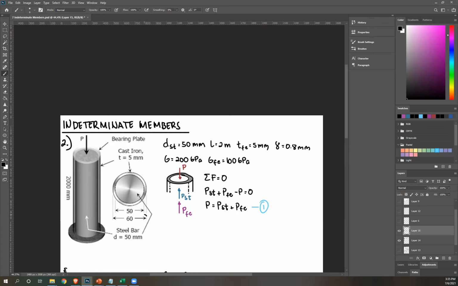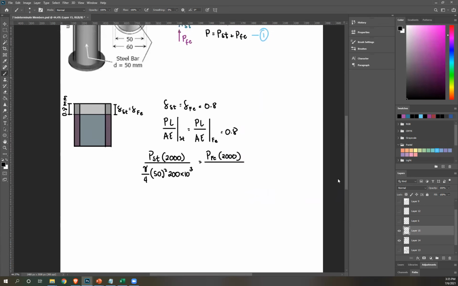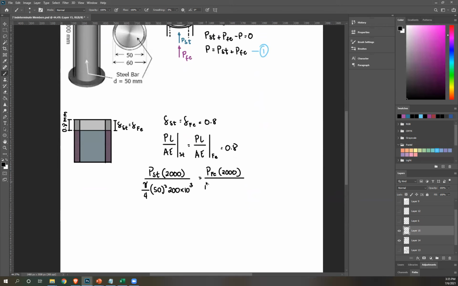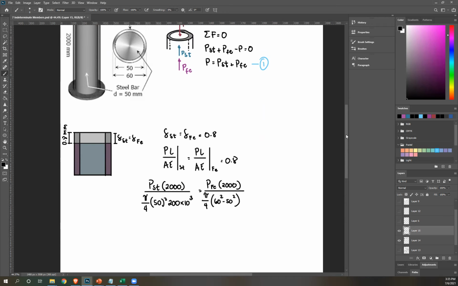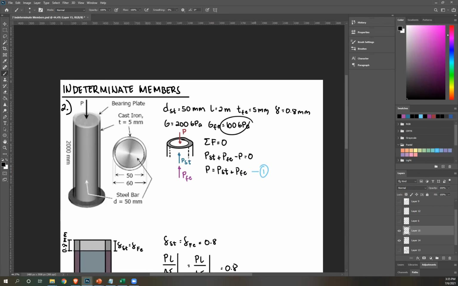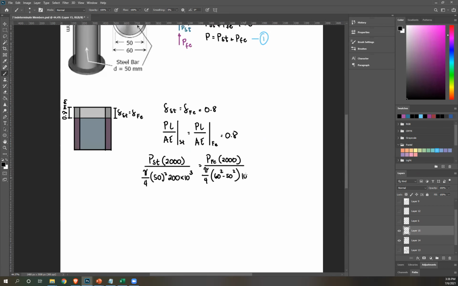So pi over 4, outer diameter is 60 squared minus 50 squared, and its E is 100. Convert again to MPa, that's times 10 raised to 3. Then equate that to 0.8.